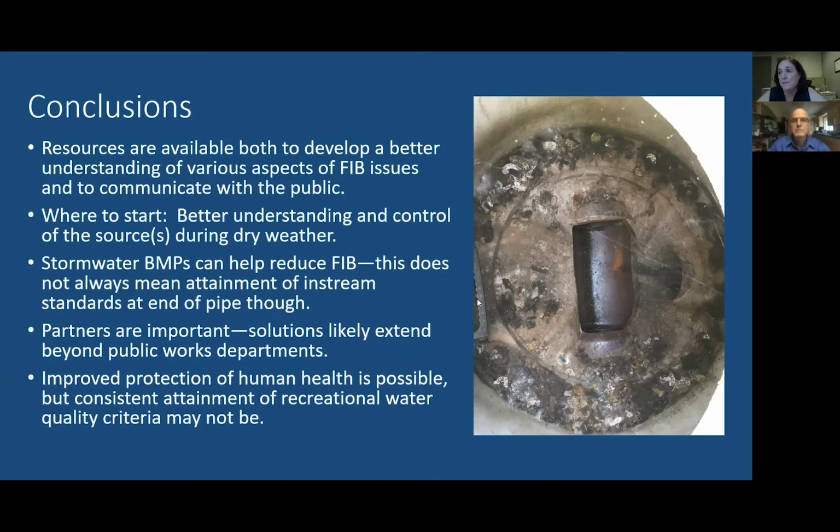So have you first done dry weather sampling of your outfalls, and ideally used human markers like the HF183 molecular marker to identify whether you have sanitary sources? It could be an illegal connection to your storm system. It could be a leaking sanitary sewer that's being intercepted by your storm system. So I'd say first focus on your source controls and good pet waste practices.